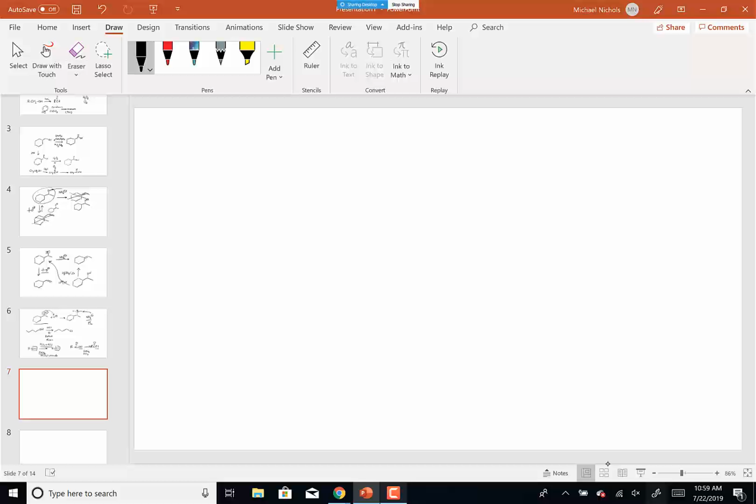The other way is to convert an alcohol by reacting it with a reagent that looks something like this. We've got an S double bond O with a Cl. This one particularly is called tosyl chloride.